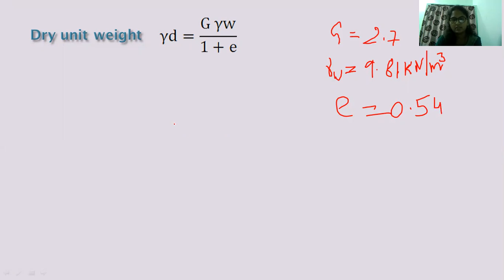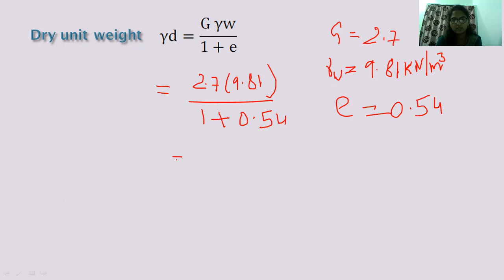Gamma d is equal to 2.7 into 9.81 divided by 1 plus 0.54.